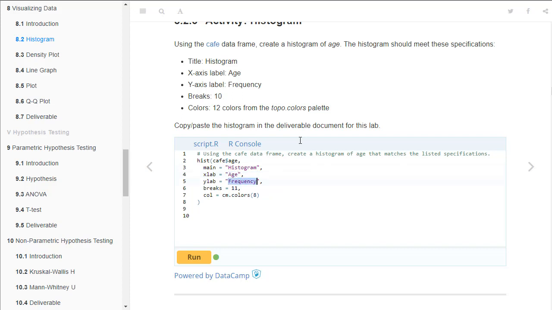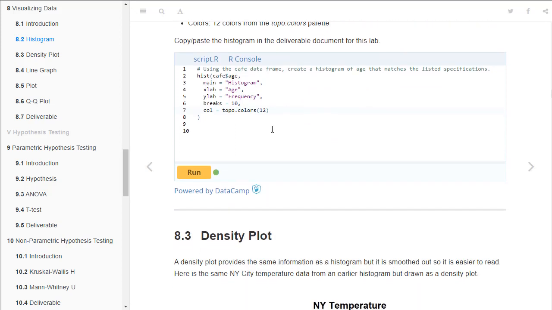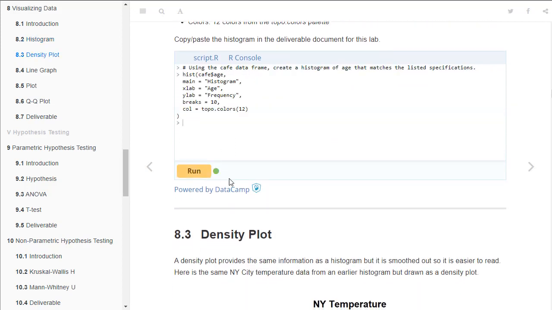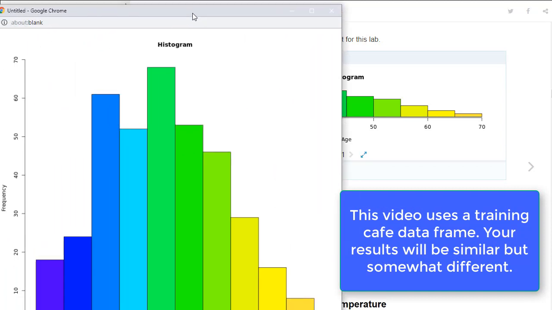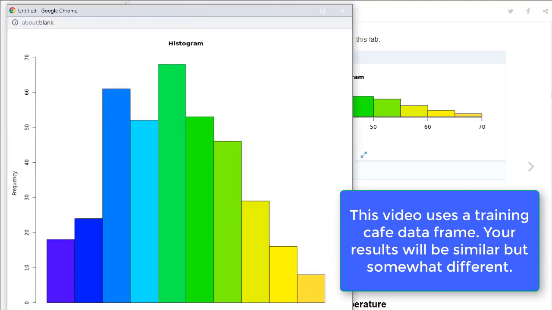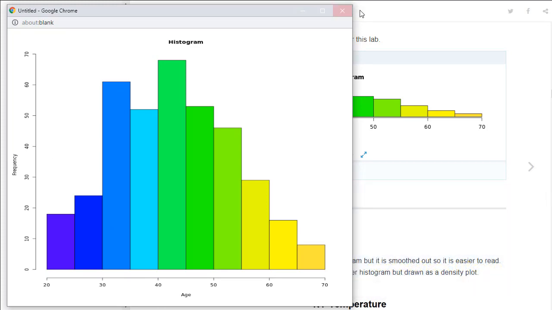The y-axis label will be Frequency. For our histogram, we want 10 breaks, and the colors will come from the topo palette. We'll look for 12 colors out of there. And run. And there we go. This would be the deliverable for histogram for our class.